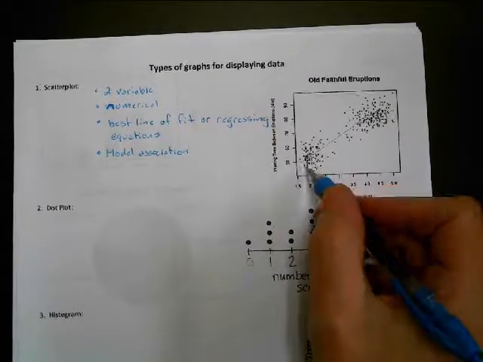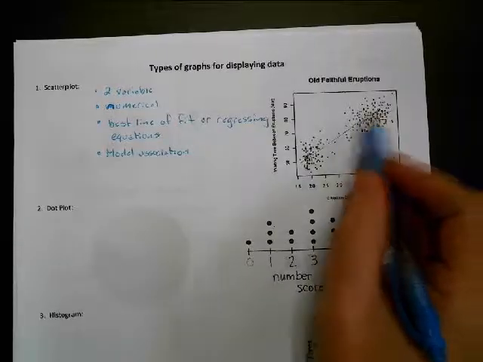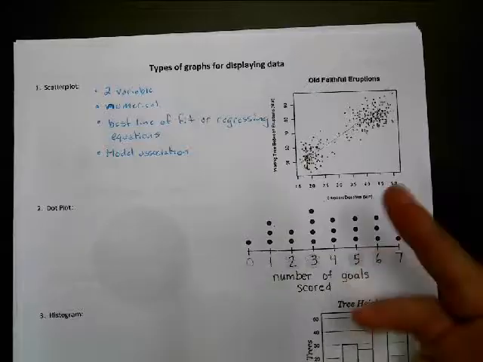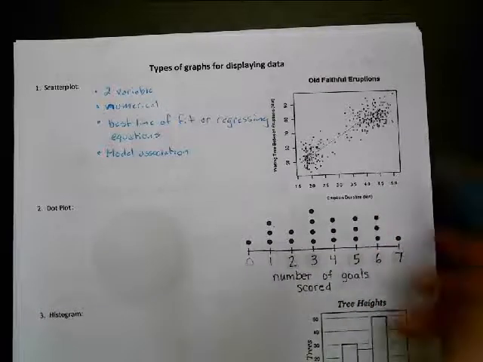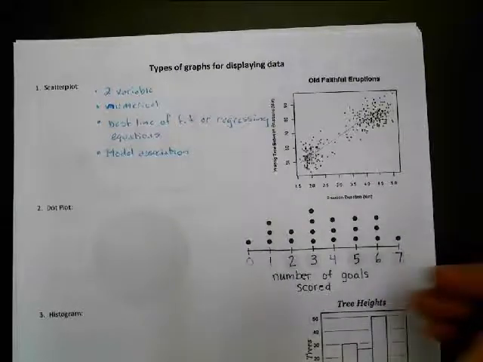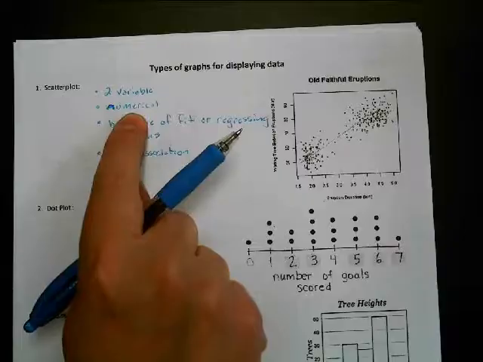In this case, we can see there's a positive association. It doesn't look like it's a super strong association because they're so spread out, but there is a moderate association. Looks like we have some clusters going on there. So that's what we would use it for: 2 variables when we have numerical data.